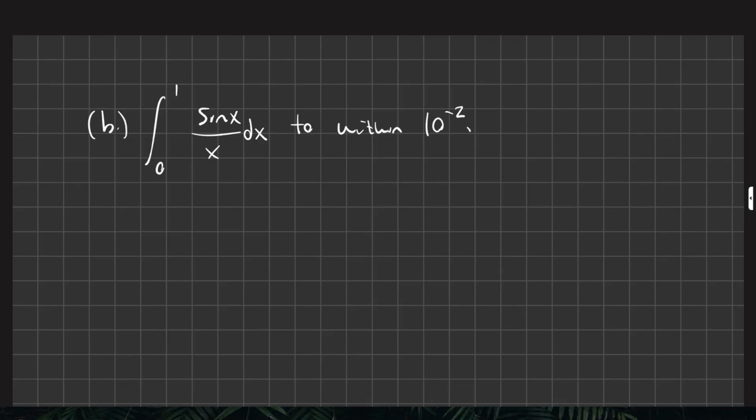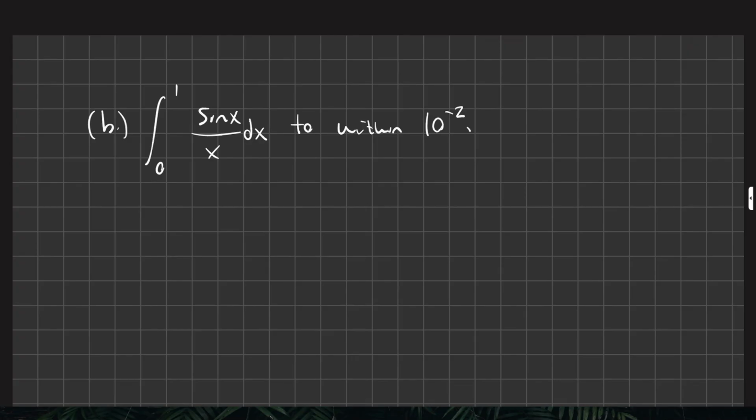This integral is actually a very famous integral. I forget the name of it, but sine x over x very famously doesn't have an analytical solution for the indefinite case, but we can approximate this with Taylor series. We know the power series for sine of x, so we'll pull the 1 over x out and look at the power series for sine, and then when we put that x back in, it modifies our power series.